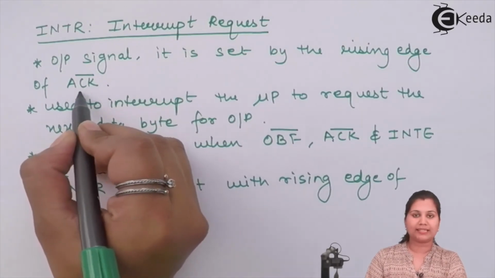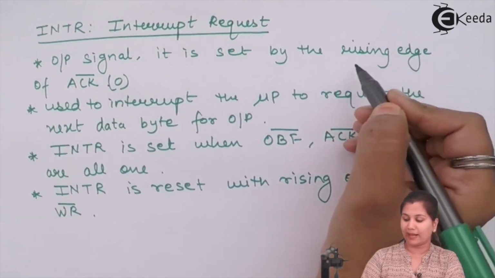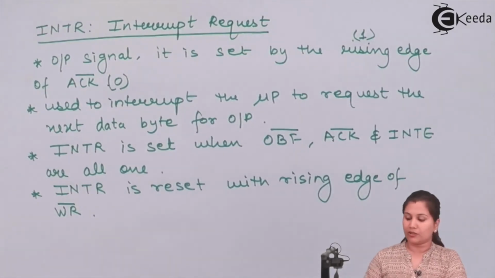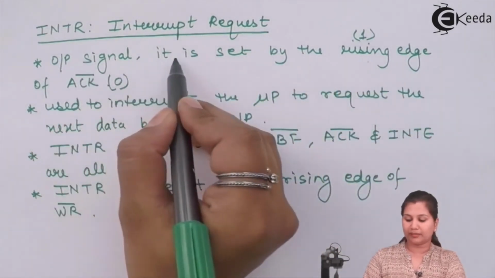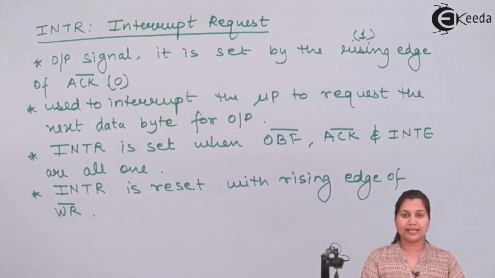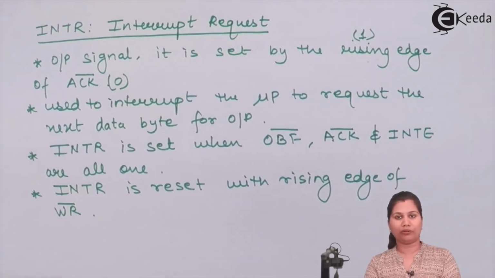Now acknowledgement is an active low signal, so its value will be 0, and its rising edge means its value is becoming 1. So when its value is changing from 0 to 1, at that time this output signal, the interrupt request, will be generated, because acknowledgement is sent by the peripheral device to tell the microprocessor and 8255 that it has received the data byte. Now, the next data byte, which is to be transferred by the 8085 microprocessor, the microprocessor should know that the first data byte has already been received.